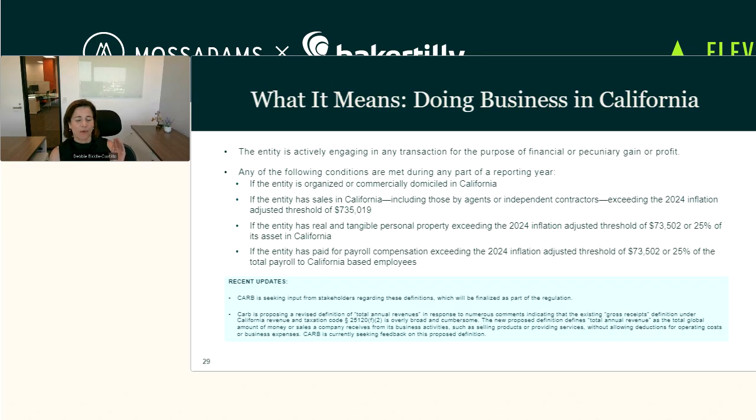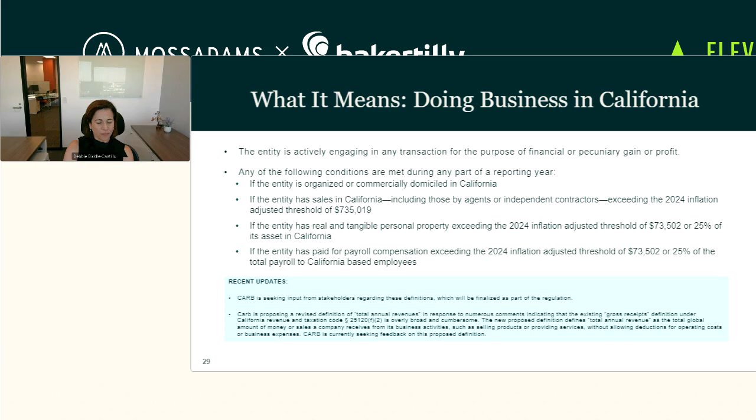But then we've got personal and real estate property above 73,000 or 25% of the assets, or payroll above 73,000 or 25% of the assets. So those two are very, very low from a California perspective. So that brings that benchmark back down. CARB is seeking input from stakeholders on this.